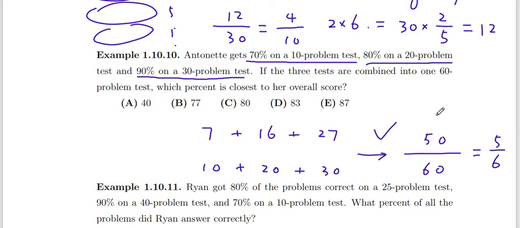So 5 over 6, let's see. It's about 83, yeah, about 83%.